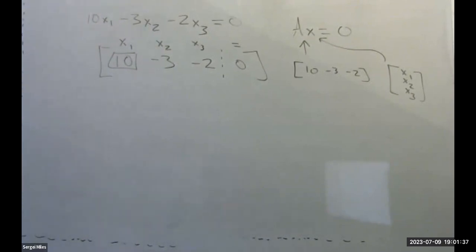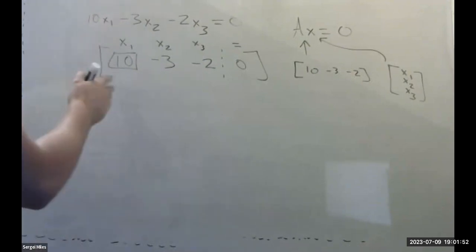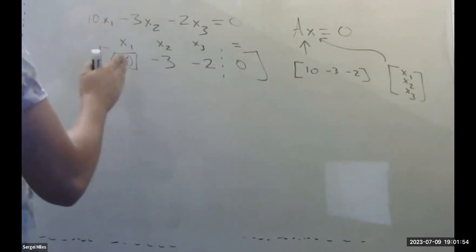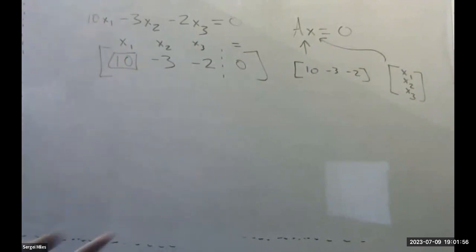If you only have one row, you can only have, at most, one pivot. You can only have one pivot per row. If you have a matrix with 2 rows, you could have, at most, 2 pivots, so on and so forth. But because of that, this is the one and only pivot. I can't get any more pivots.